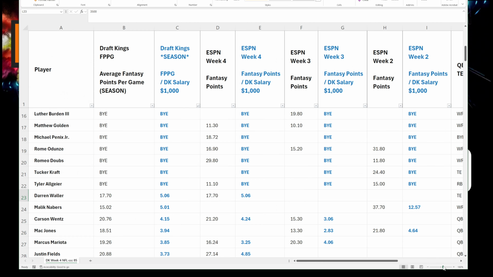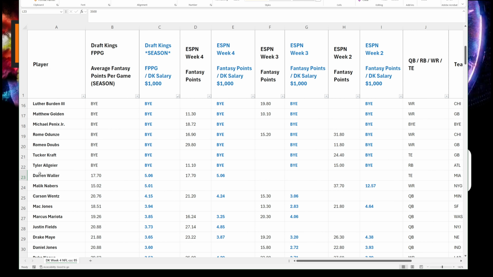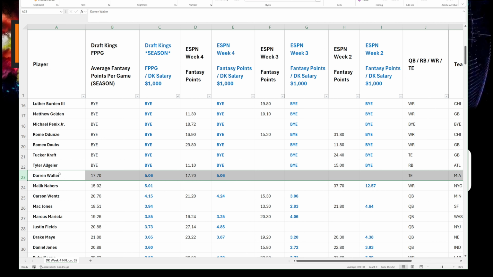Let me give an example. So Darren Waller, tight end for Miami, for week 4, his total for the season averages 17.7 games. He's only played one game for Miami. He played last week.